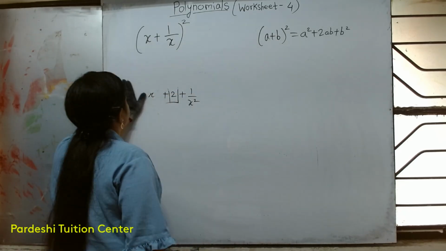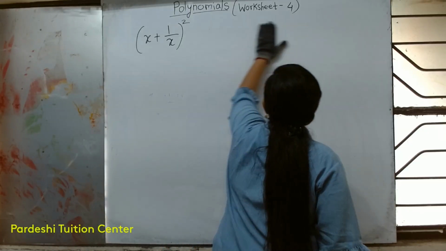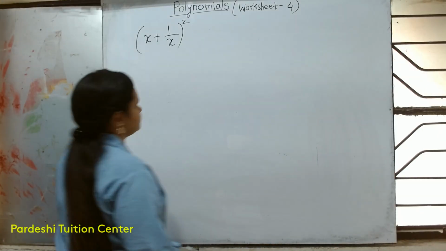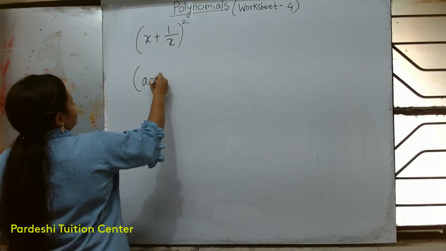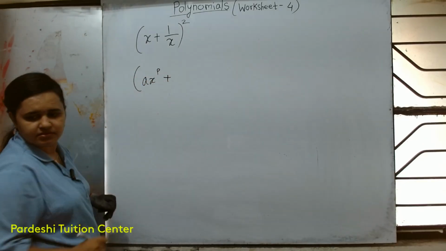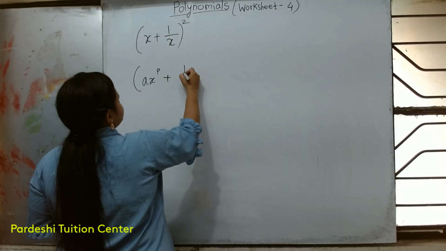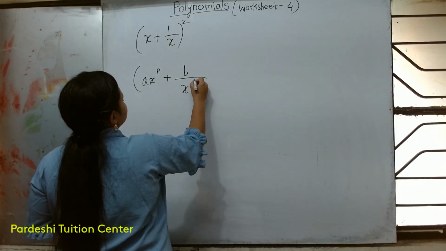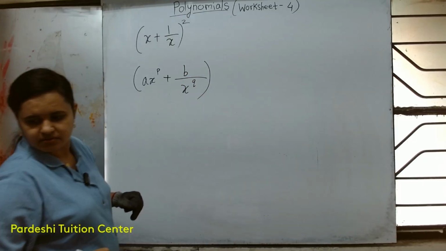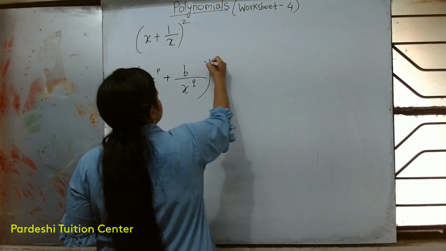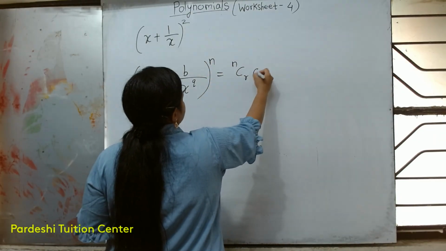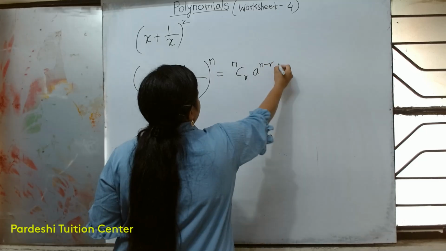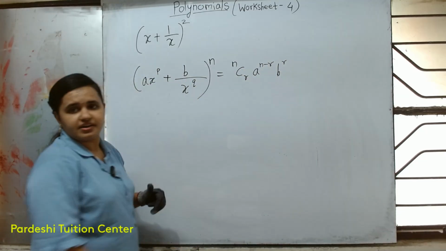You have to solve by formula, and that formula is (ax to the power p plus b upon x to the power q) to the power n equals nCr a to the power n minus r b to the power r.